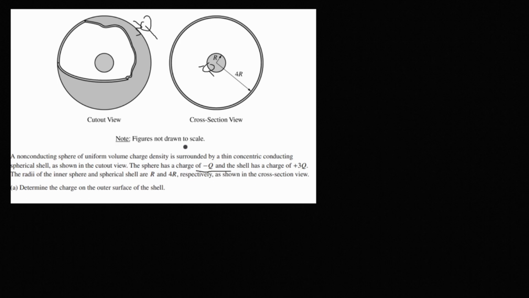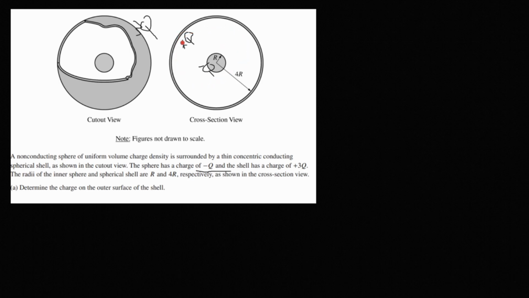Okay, so because this is a conductor, this part is a conductor, which means there's no electric field in here. So to add up to 3q, there must be some charge on the inside that basically balances this out, because there's no net electric field.